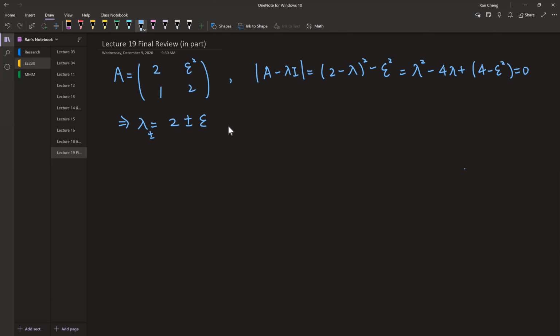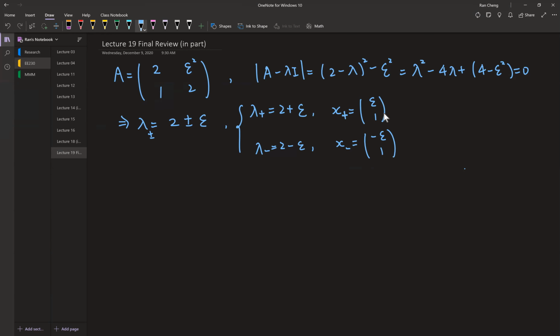So we have two eigenvalues, and for lambda plus, which is 2 plus epsilon, we can solve the eigenvector. Let's call these x plus and x minus: x plus is epsilon, 1, and x minus is minus epsilon, 1.